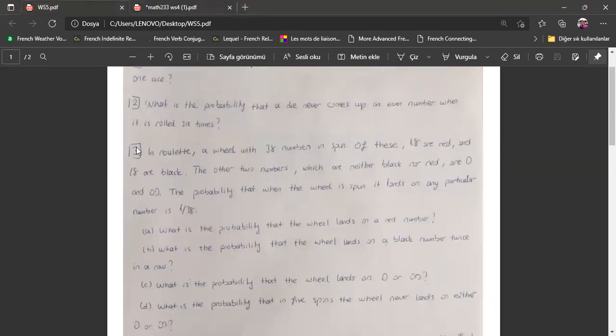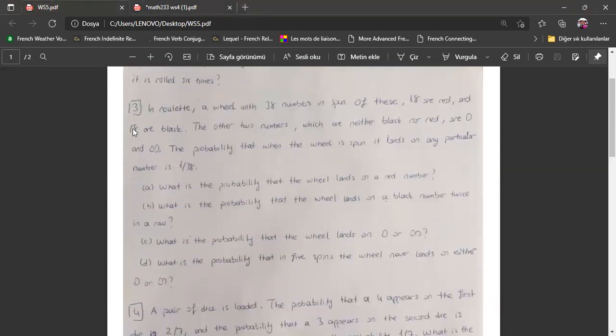Now let's read the next one. We have a wheel with 38 numbers on it. We rotate that wheel. On this wheel, we have 18 red numbers and 18 black numbers. There are two other numbers which have no color on them: one of them is 0 and the other one is 00.